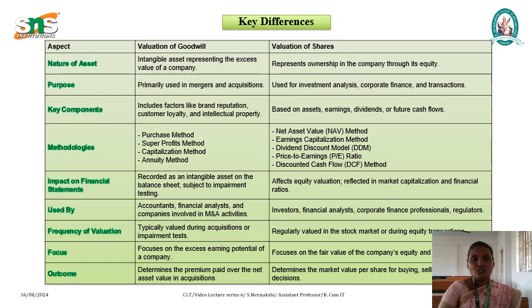Then the different methodologies used for valuation. Goodwill is valued using the purchase method, super profit capitalization, and annuity method, whereas valuation of shares is calculated using the NAV method, earnings capitalization method, DDM method, price to earnings method, and discounted cash flow method.